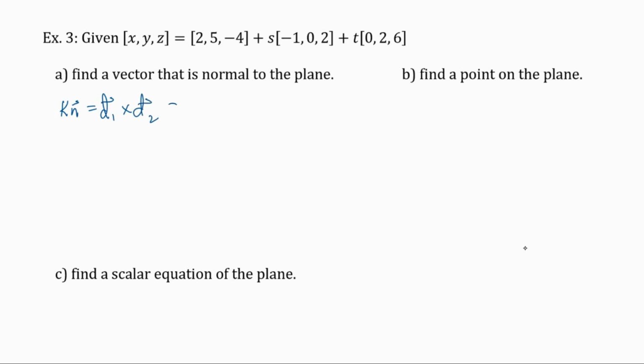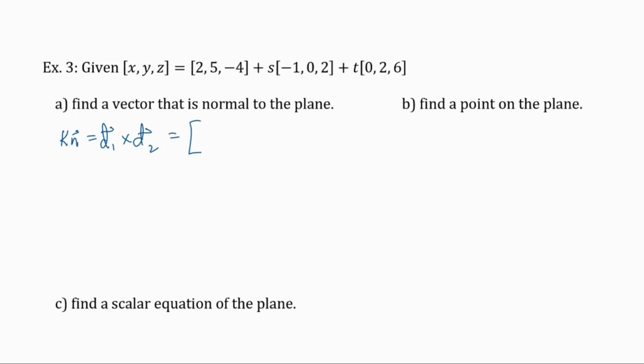So I'm going to take the cross product. Okay, and yes, you would write out d1, d2. This would be my d1. This would be my d2. And so it's going to be [0, 2, -1] and [0, 2, 6].